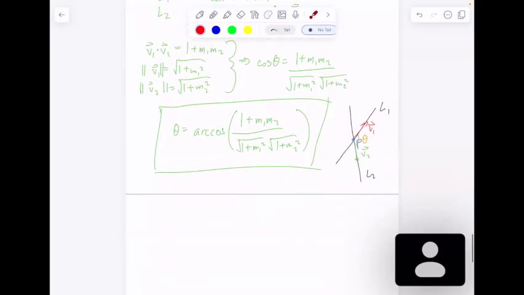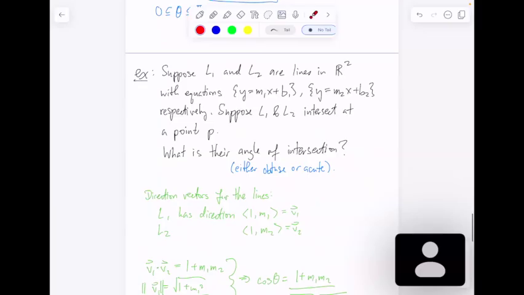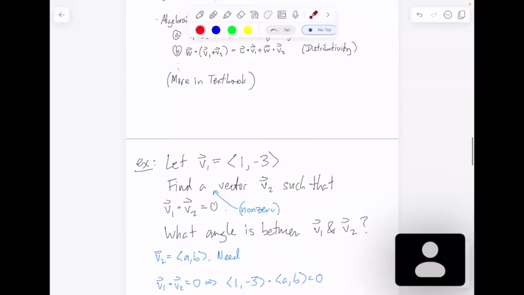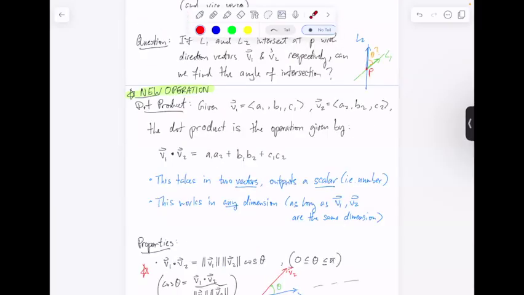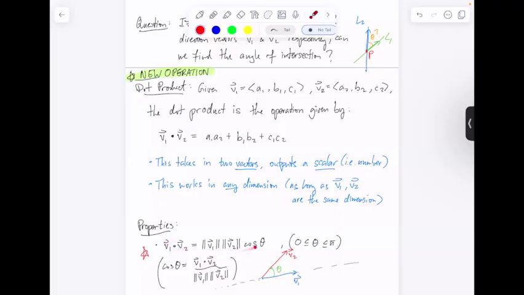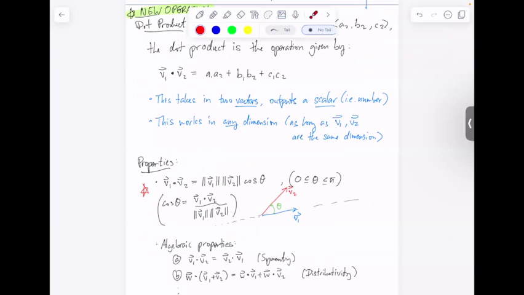Let's now take a look at a couple of other useful tricks that come from this starred property here. We've noticed that there's a way, between any two non-zero vectors, to calculate the angle, and something special also happens when one of these is a unit vector.